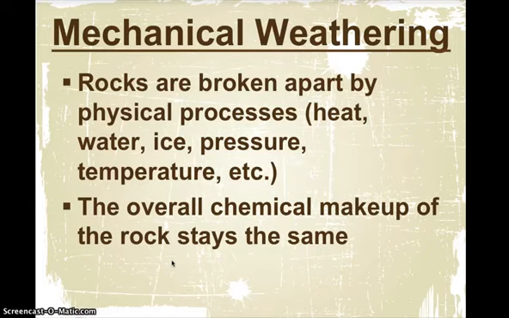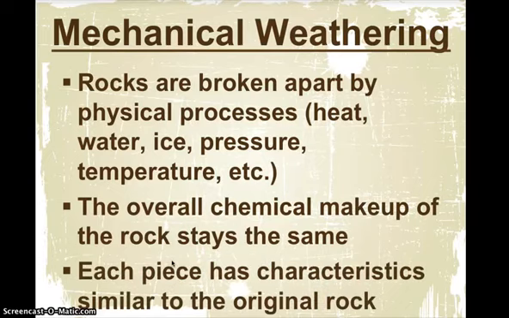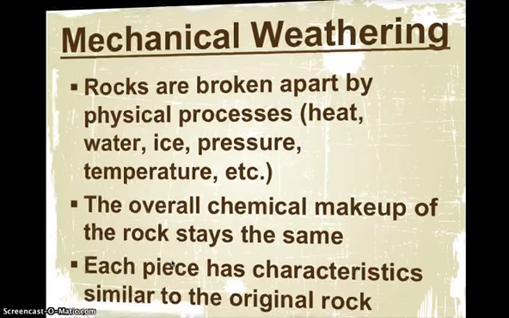If it's made up of quartz, calcite, and mica, then if it's weathered mechanically, it's still going to be made up of those same minerals. The chemical formula of it doesn't change. It stays the same. When it breaks into pieces, those pieces are just like the original rock, just smaller.